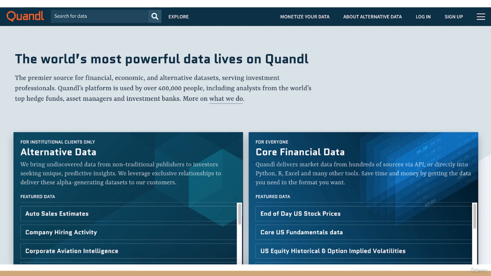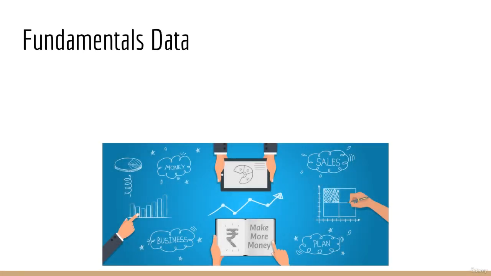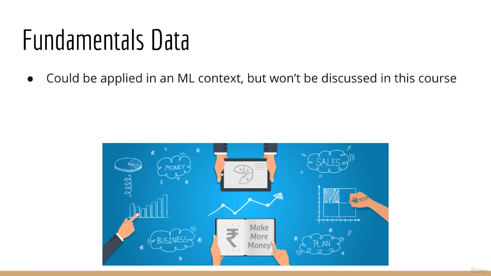So, core financial data contains the stuff you would be interested in this course, such as daily stock prices, and it even contains fundamentals data. Just as a short aside, fundamentals data is data that we are not going to look at in this course, but that could be used in a machine learning context.